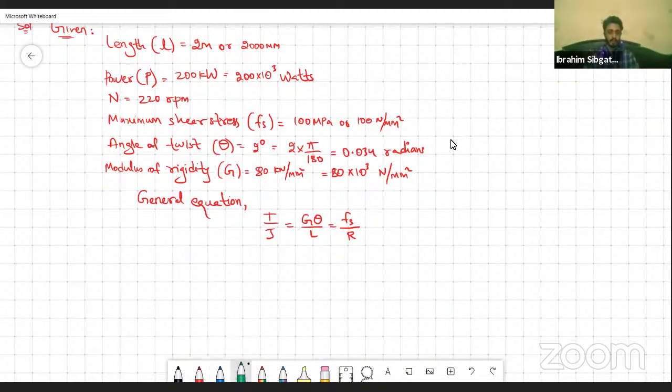So let me just change the color of this. So I'm going with case 1. So in case 1, we are going to find out diameter from strength consideration.